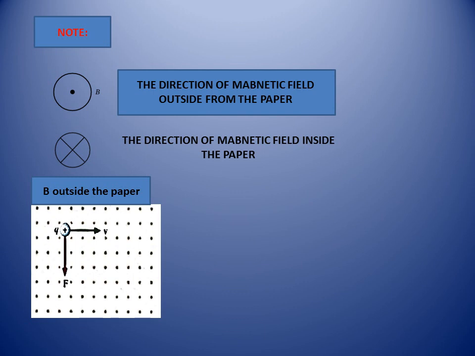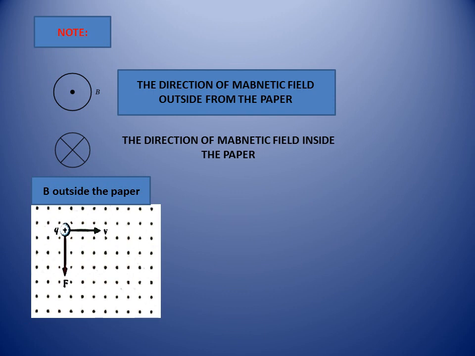We can determine the direction of the magnetic force when the magnetic field is outside the paper, represented by the point or dot in this figure. Using the right-hand rule, the force represents the direction of the magnetic force, which is down in this figure.